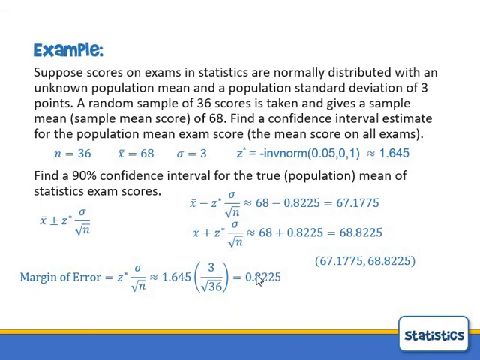So that's what we call the margin of error, and then we take our sample mean of 68, which was given to us in the problem, but someone found it from the data. We subtract the margin of error, and we add the margin of error to get the lower and the upper bound. So we get 67.1775, rounding to 4 decimal places, and an upper bound of 68.8225.